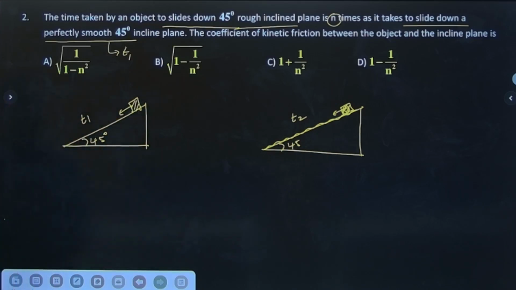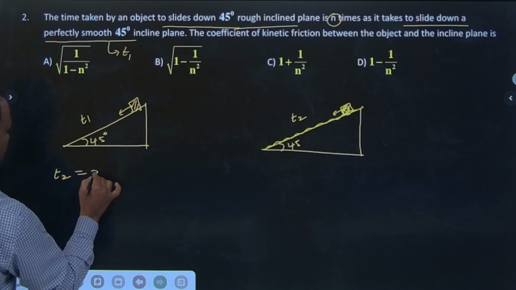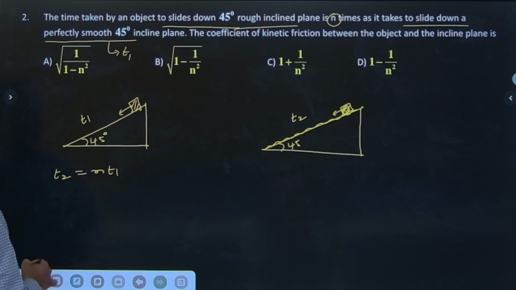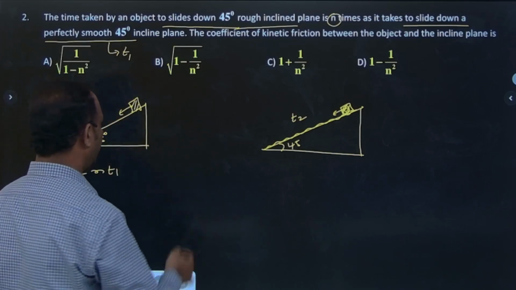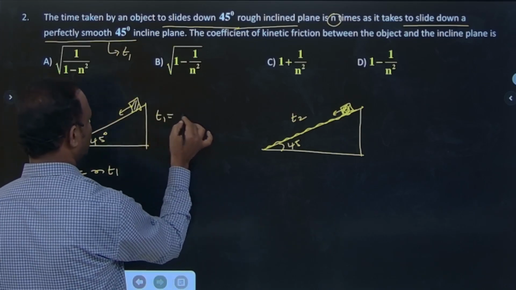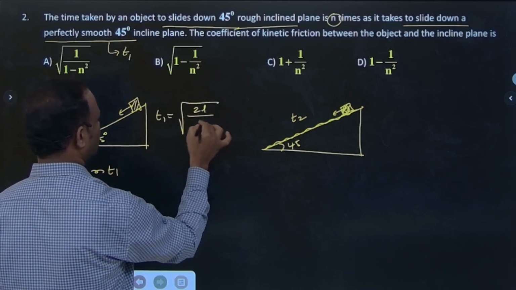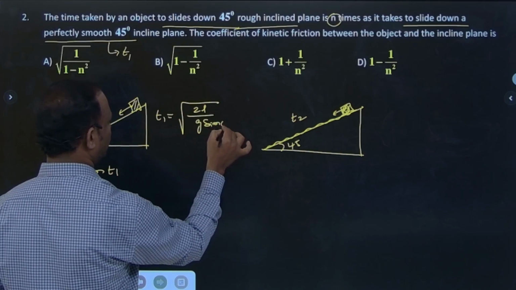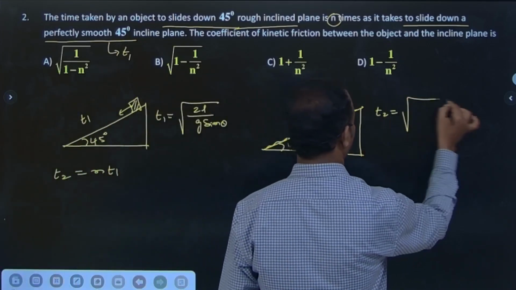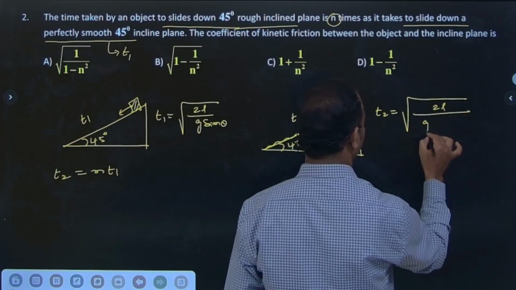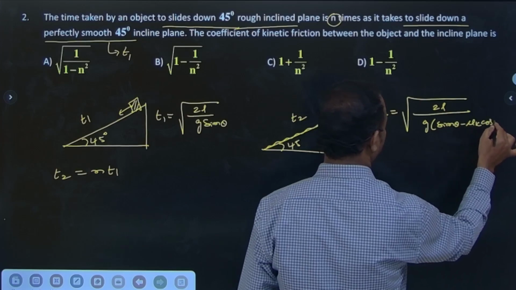The question says T2 is equal to n times T1. From the inclined plane, T1 is equal to the square root of 2L by g sin theta, and T2 is equal to the square root of 2L by g into sin theta minus mu k cos theta.